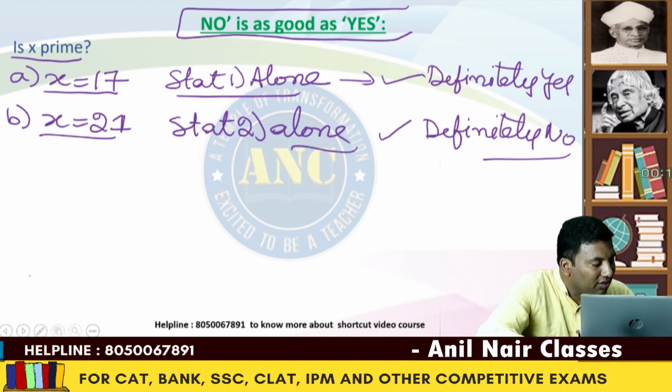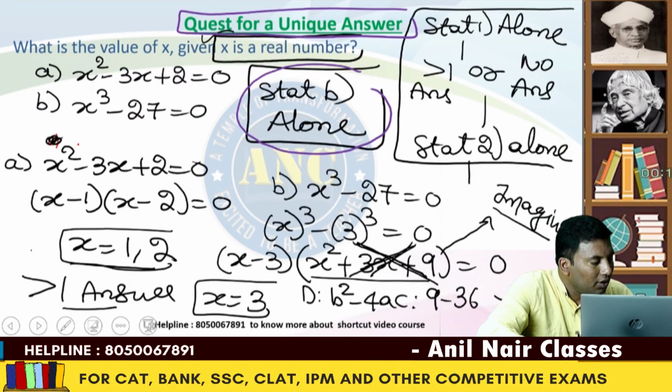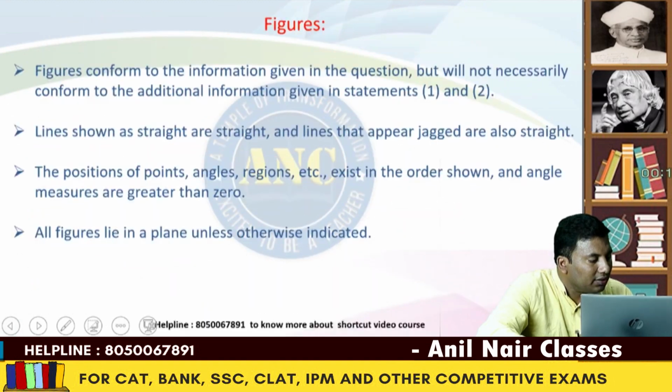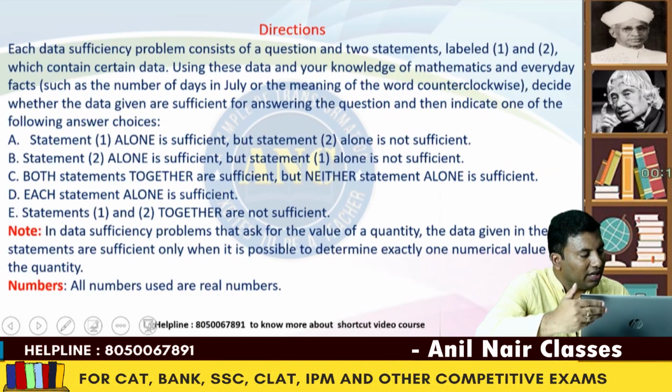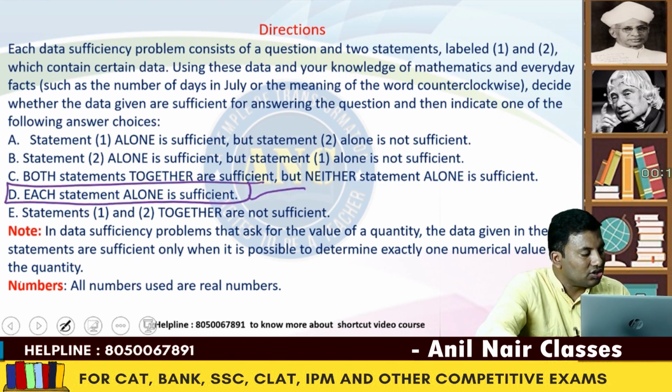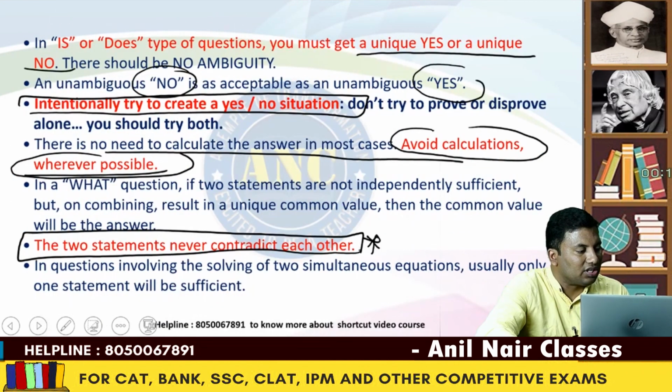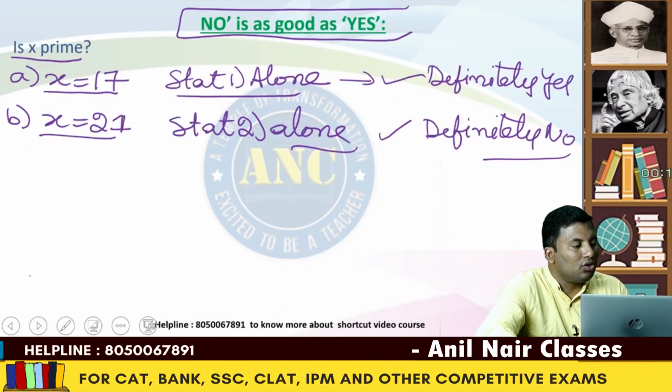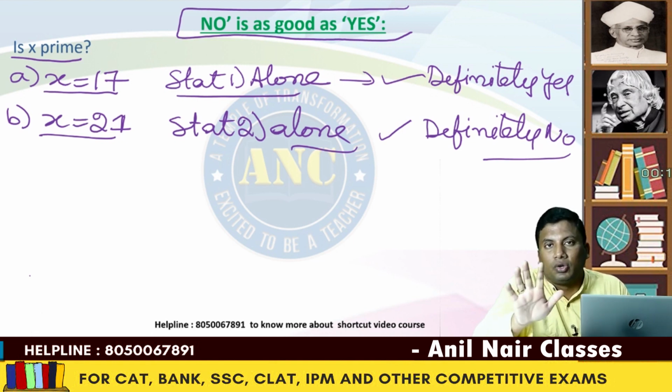Now if you see the flow chart, what is one option which is present? Each statement alone is sufficient. Each statement alone is sufficient. That means even though you got a unique answer from statement 1 alone, do not tick mark statement 1 alone.